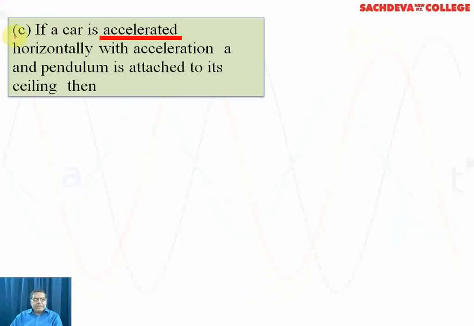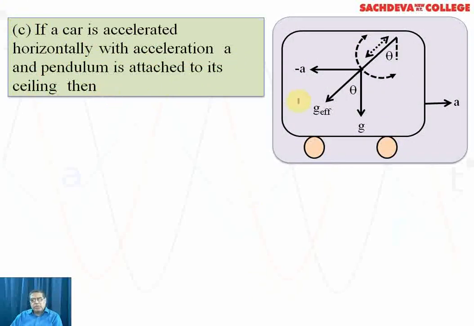If a car is accelerated horizontally with acceleration a and the pendulum is attached to its ceiling, that is on the top portion, then, as shown in the figure, g is acting vertically down and a is at right angles to g, as the car is making a turn. In that case, g is acting vertically down, and a is acting towards the right in the direction of the vehicle, and g effective is the diagonal of a and g.